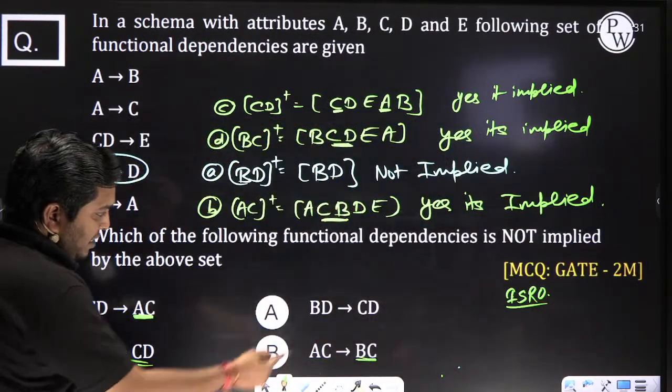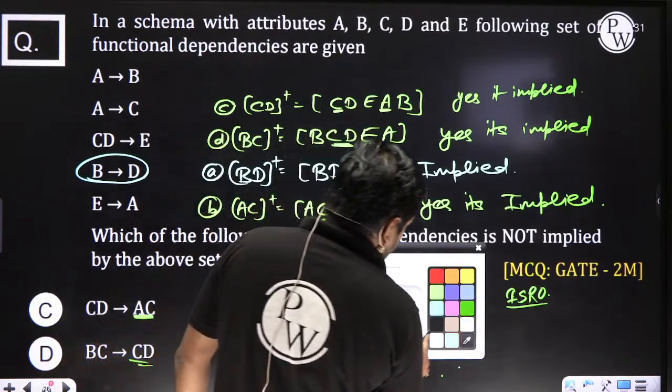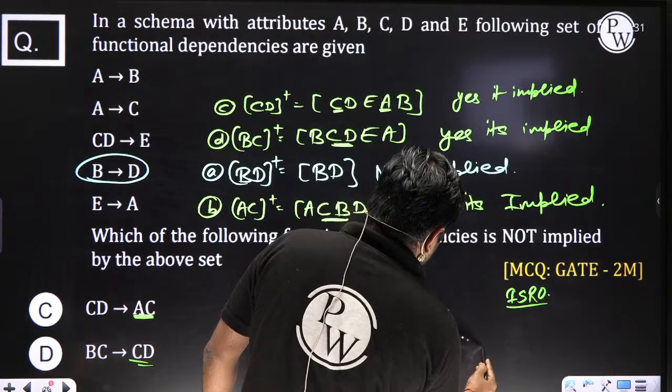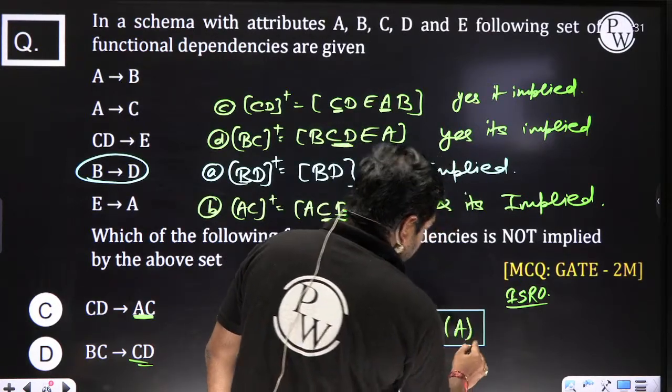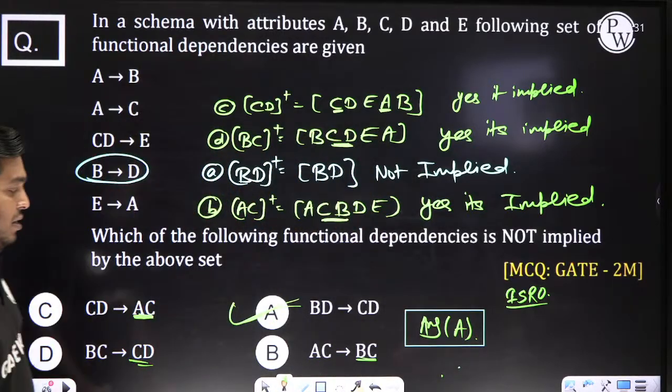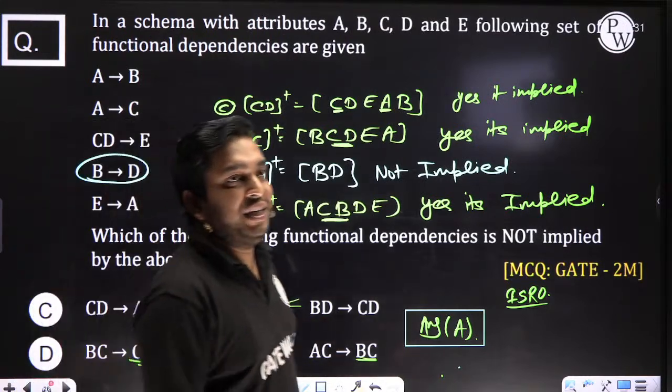What is the correct answer here? BD not implied, CD not implied. Here A is the correct answer. It is not B. Please watch the options carefully. Intentionally, I have done this.